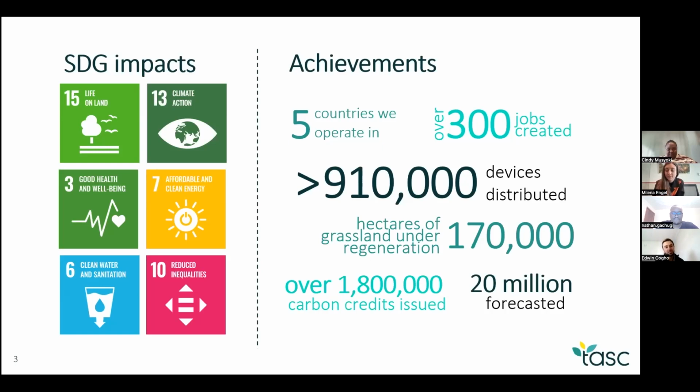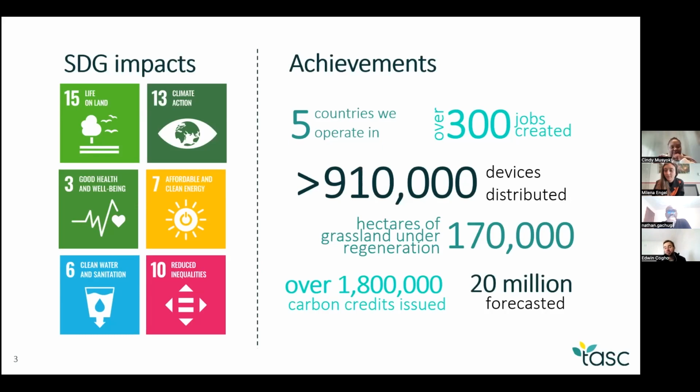And then most recently, we have also just registered a VCS VM0042 project, where we've got a bunch of rural cattle farmers, and we employ sustainable grazing practices on their land. We've got over 170,000 hectares under management on that specific project.